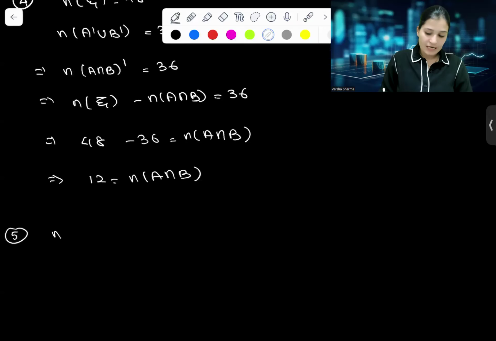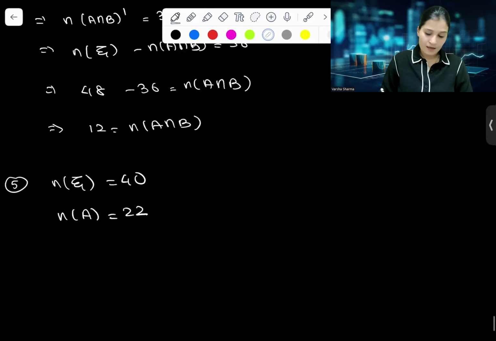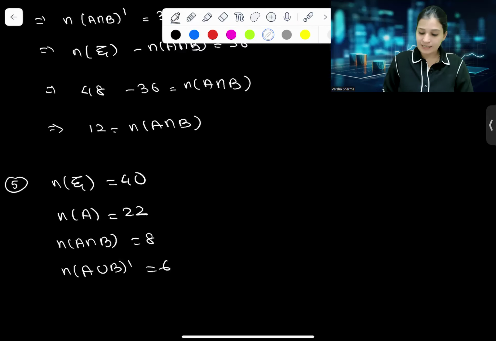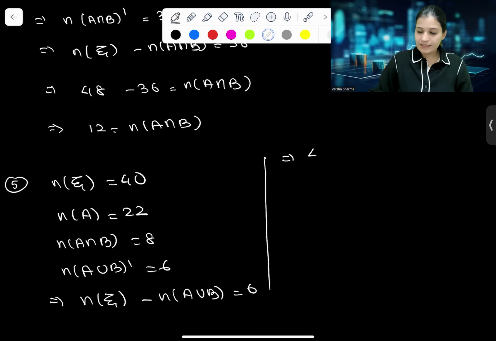Fifth. So again, we have universal set 40. We have A 22. We have A intersection B 8. And we have A union B whole complement 6. So this is universal set minus union. Universal set is 40. 6 comes here.